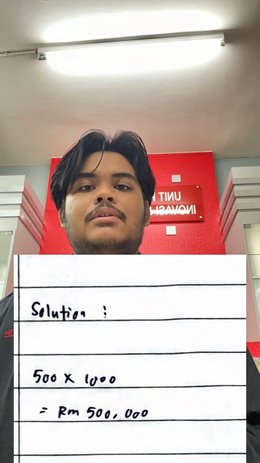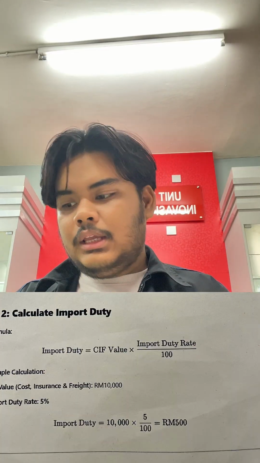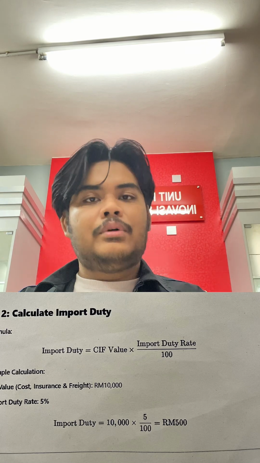So RM500 times 1000, we get RM500,000. The next one is import duty. The formula of import duty, you can see in the picture here: import duty equals CIF value times import duty rate per 100.